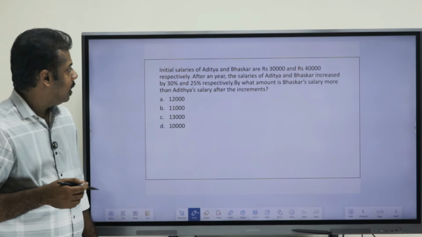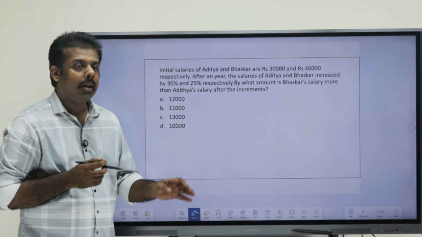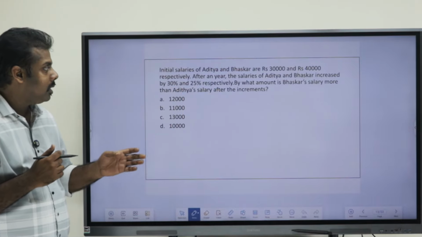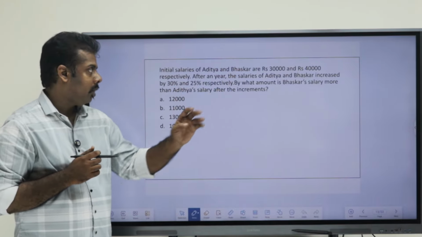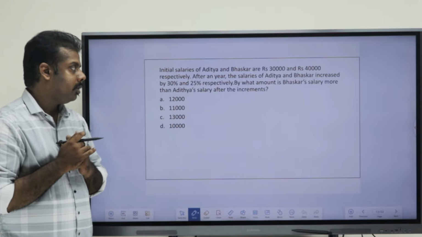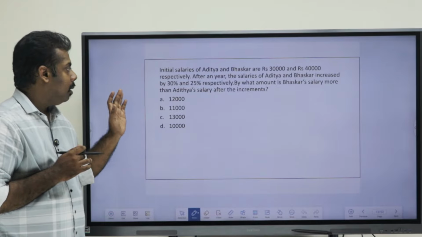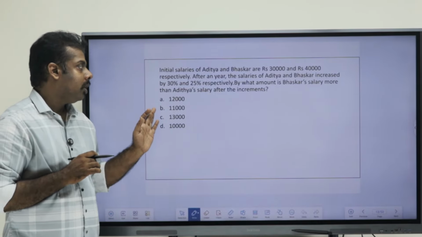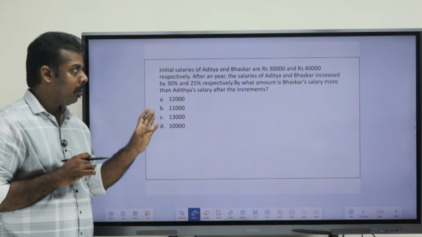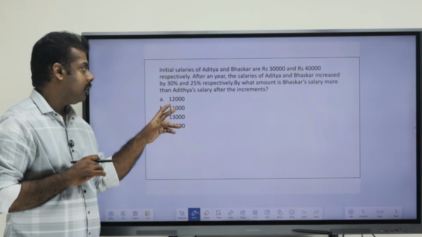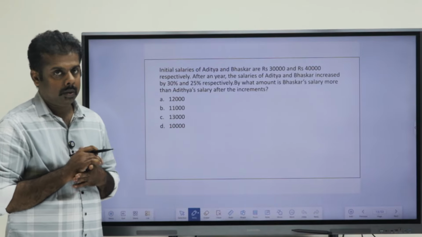Okay. So, the next question is about Aditya and Bhaskar. They have given their initial salaries as 30,000 and 40,000. After a year, the salaries of Aditya and Bhaskar have increased by 30 and 25% respectively. So, the final question they have asked is, by what amount is Bhaskar's salary more than Aditya's salary after the increments? Okay.